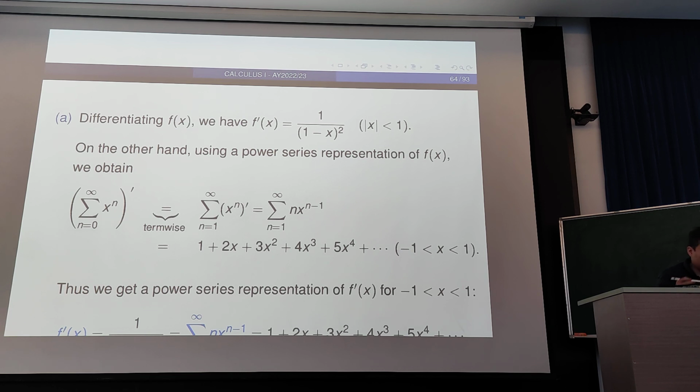Now we use a previous result to calculate the corresponding power series of the first derivative of f. So we do this termwise, right? We take the derivative of this series termwise. That means we differentiate each element of the power series, and you get this term of the new series, right?